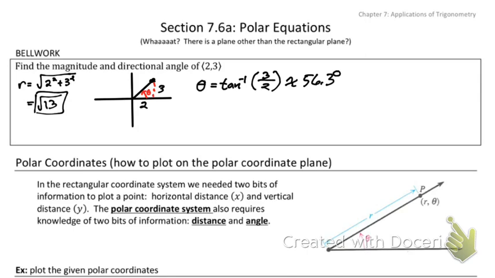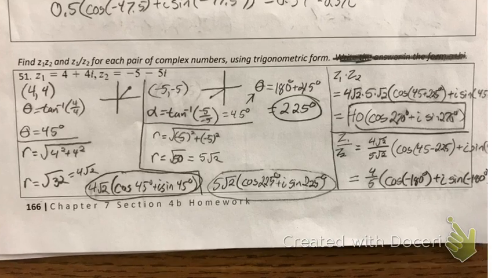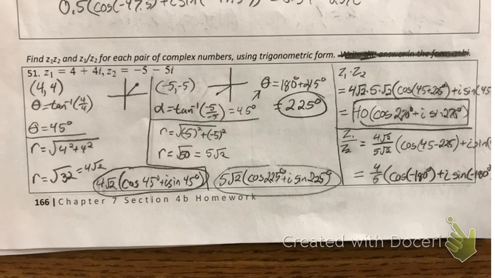All right, other questions? Yeah, Nora. I'll go through 51 because I understand how to do it, but I don't know why I got the wrong answer. Okay, so the first thing we need to do is put them into trig form, correct?